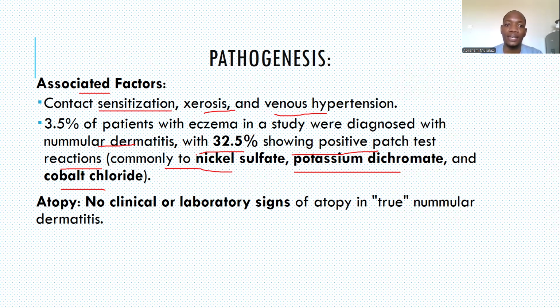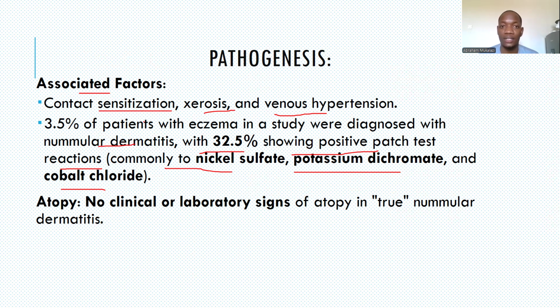So that means that in this case, 32% of the patients were actually misdiagnosed. So meaning that you may look at nummular dermatitis as a separate entity, or maybe a morphological presentation of the other eczemas. And then there are no clinical or laboratory signs of atopy in true nummular dermatitis. That's what they're trying to think.